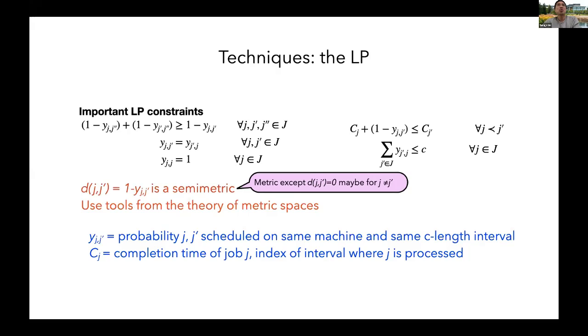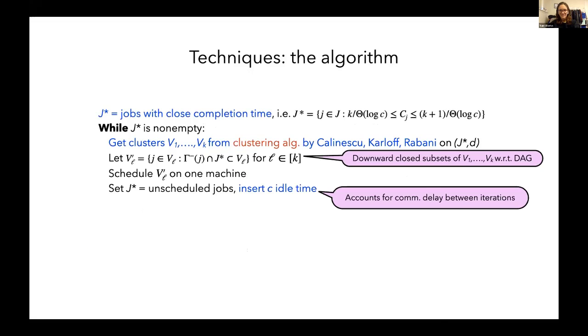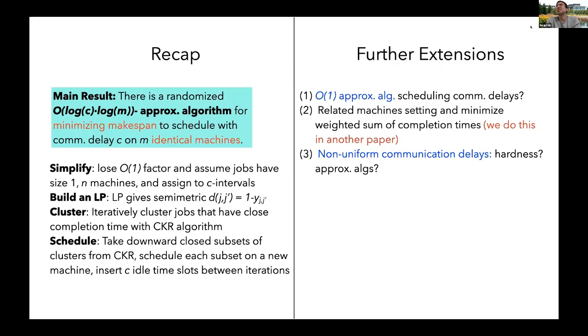I have one more question here. You mentioned the non-uniform communication delay. Do you have any candidate LP for that, or do you have no idea now? Let's pretend you wanted to extend our results directly. You can write down the LP for this third problem, the non-uniform setting.